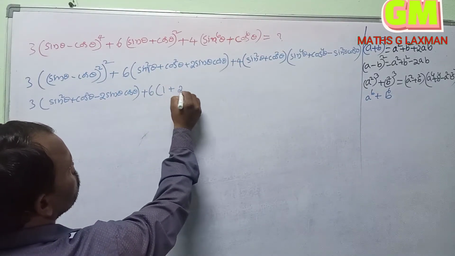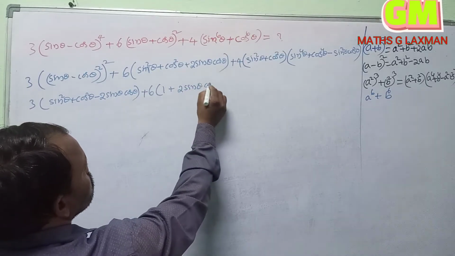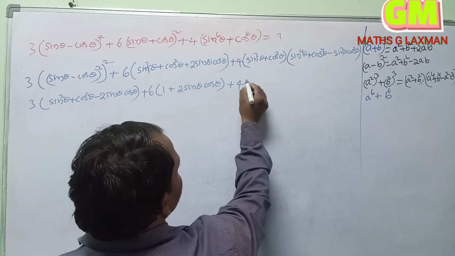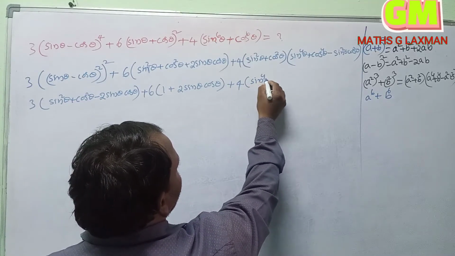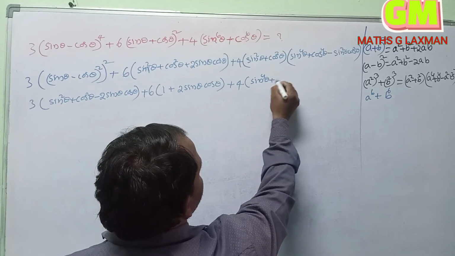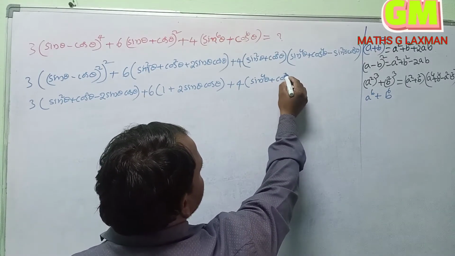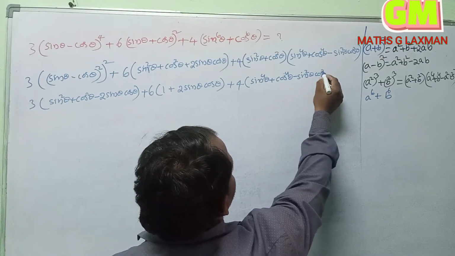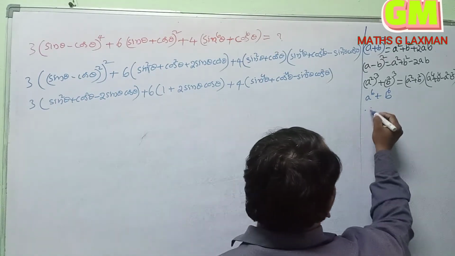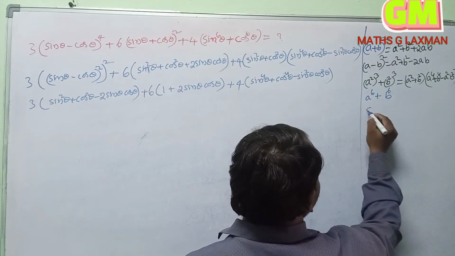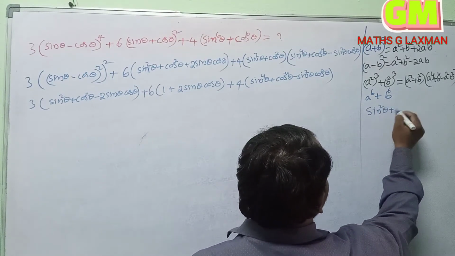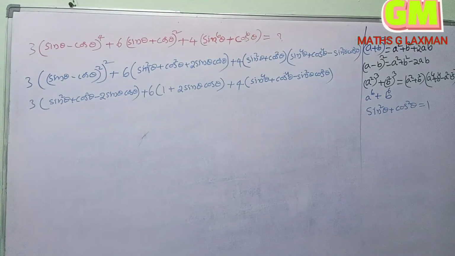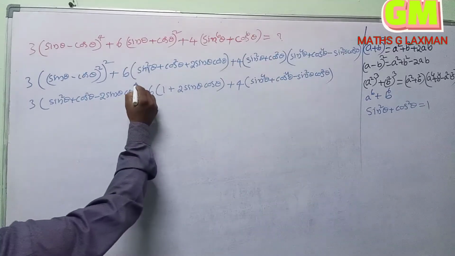This value is 1. So 1 plus 2 sin θ cos θ, plus 4. This value is 1. So you will get sin⁴θ + cos⁴θ − sin²θ cos²θ. Here we have one more identity, that is sin²θ + cos²θ equal to 1. That identity we are using here. Now your square is there.